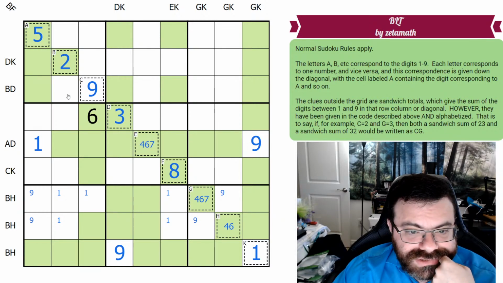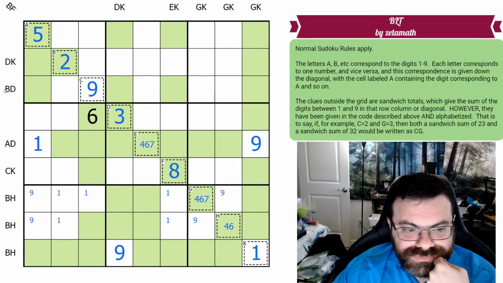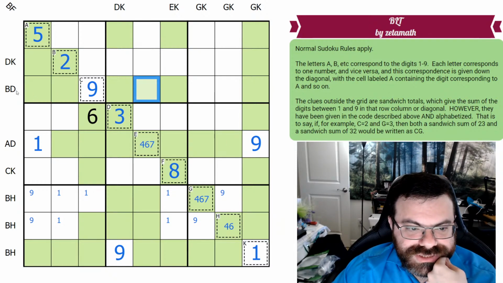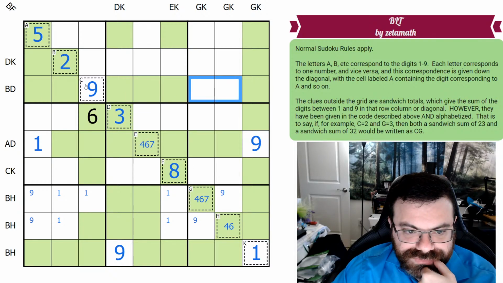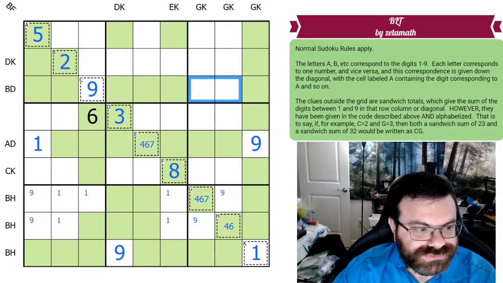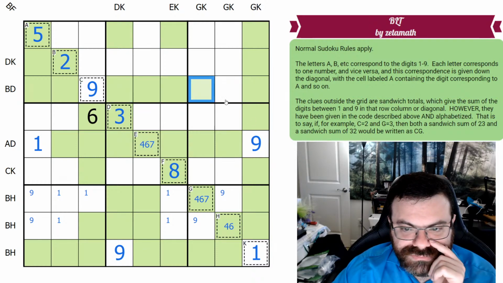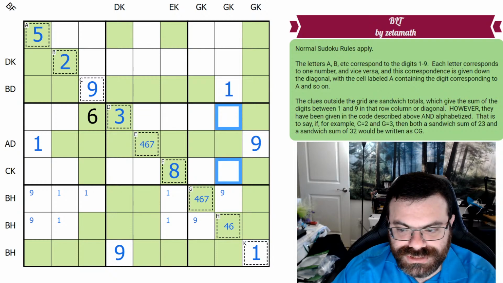Yeah, they see a 1 and a 9. And green this as well. That would really screw up the BD clue. And I can green this one because that would screw up the BD clue. What is BD? B is 2, so this is a 20, 23. 23 needs to be 4 long at least, so actually we can place the 1. Means these are green.